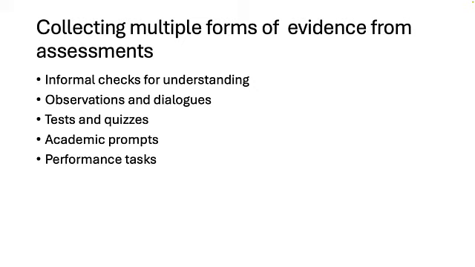Observations and dialogues with students, especially individual students in small groups, especially with the observations, you want to not only see if the student is performing tasks and using information to solve problems, but you also want to observe how well they're working with their peers, who can work with who, who has a lot of prior knowledge or funds of knowledge around the topic or concept that you're trying to teach, who needs extra help, who's introverted, who's extroverted, the status of the student in their peer groups. Those things are super important.